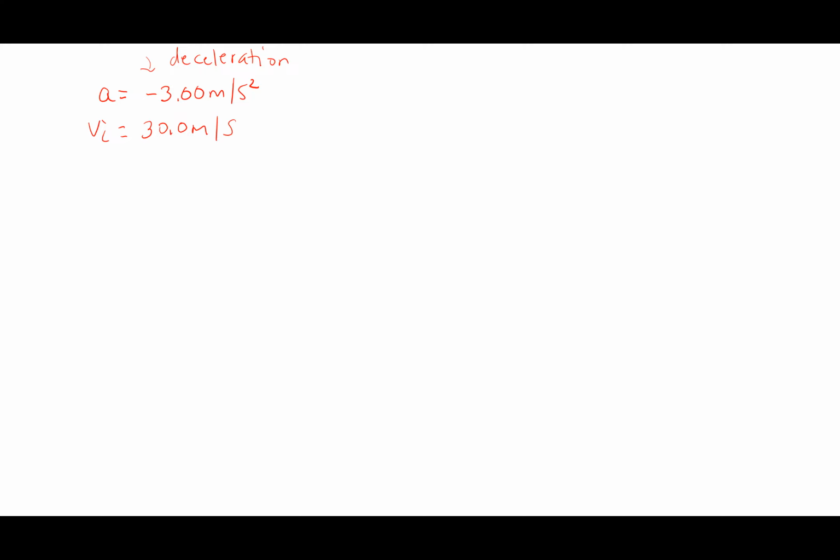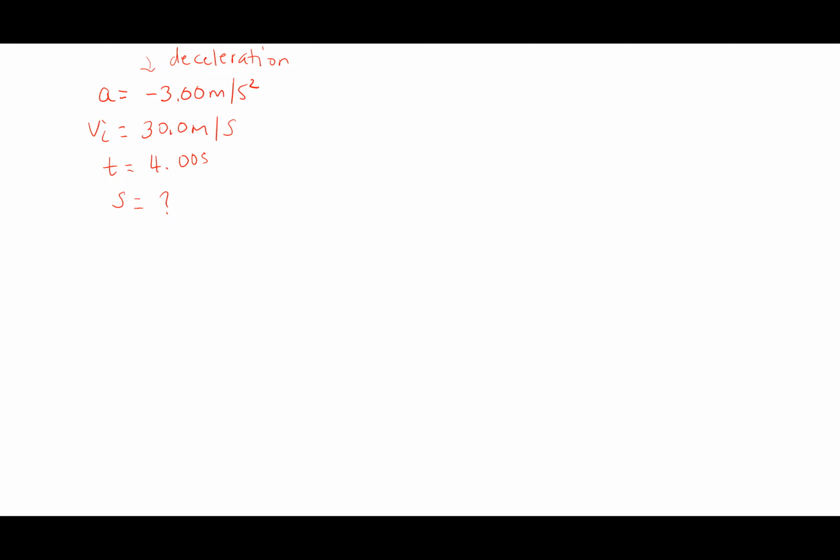How far does it travel in 4 seconds? So it also gives us time. And then we're wanting to know how far, so we know that's displacement. Okay, so write down everything that you know and then figure out what your formula is going to be.